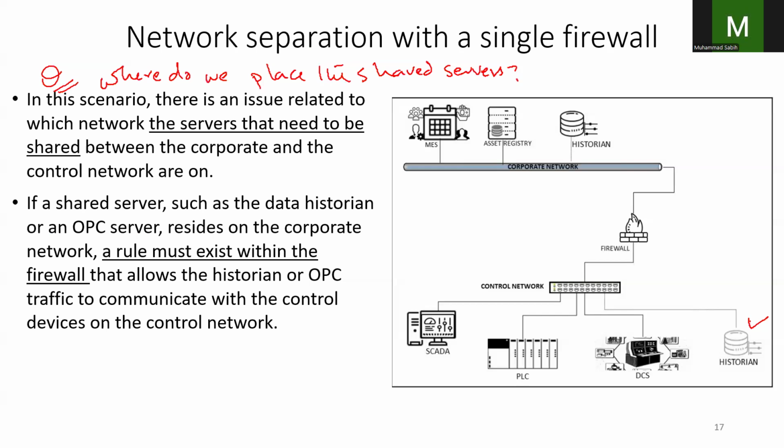If a server is placed in the corporate network, then we must define firewall-specific rules to allow the necessary communication, like OPC or historian traffic, to pass securely to the control devices.